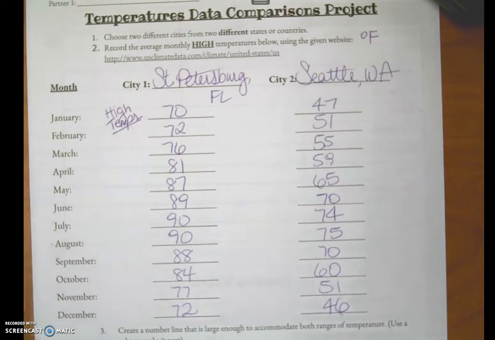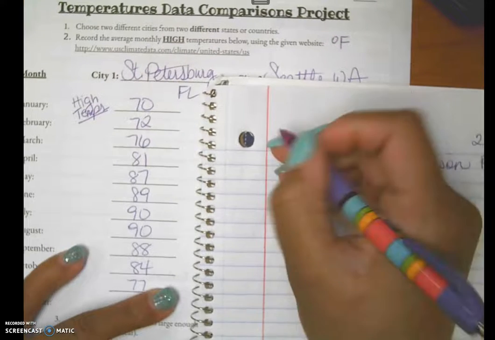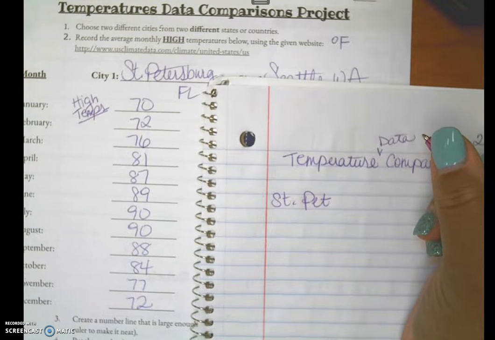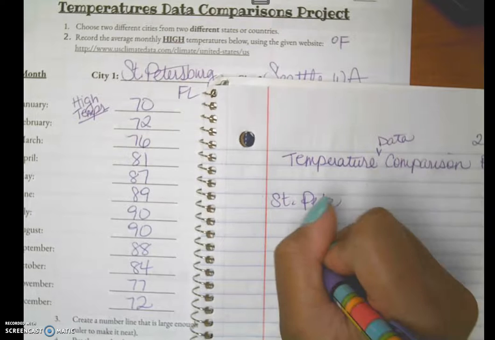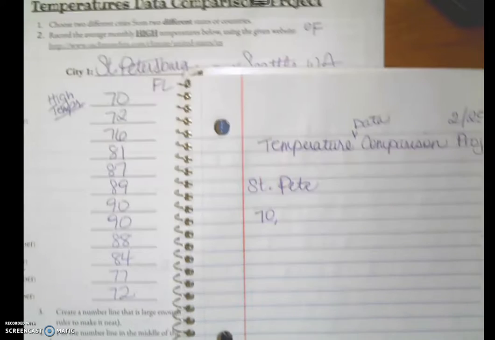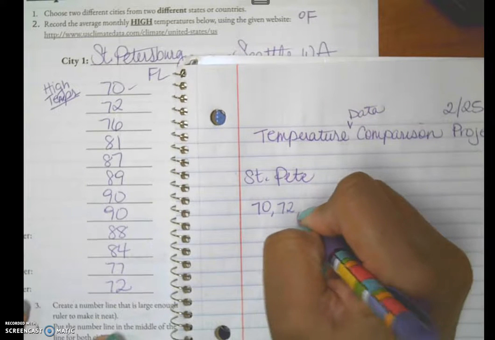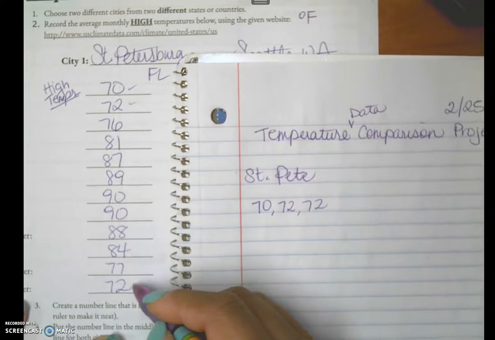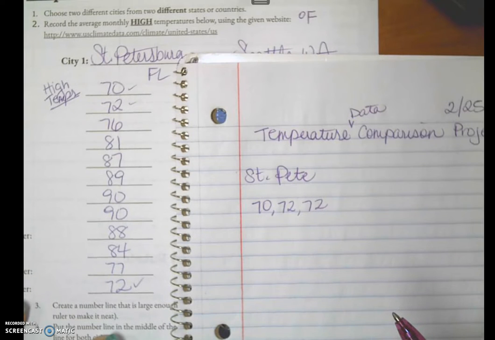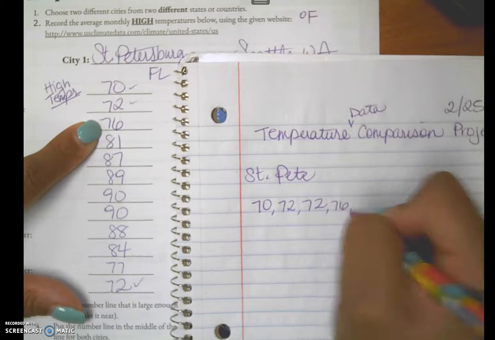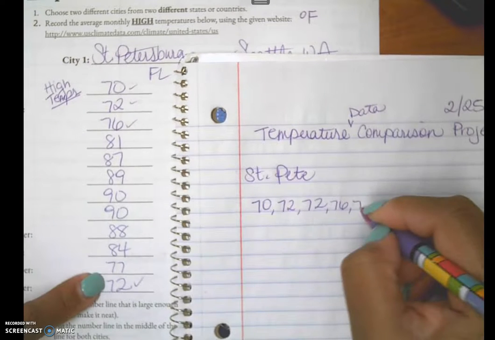So I'm going to put my data in order. For St. Pete, my lowest is 70. And I have 12 pieces of data. So I've got 70 and then I have two 72s, then a 73, 74, 75, 76, 77.